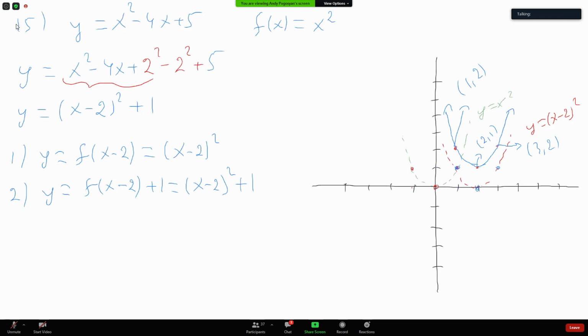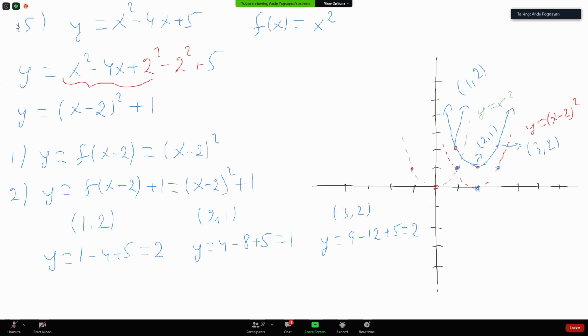Let's check. 1, 2: y equals 1 minus 4 plus 5 equals 2, correct. 2, 1: y equals 4 minus 8 plus 5 equals 1, correct. 3, 2: y equals x is 3, so 3 squared is 9, minus 3 times 4 is 12, plus 5 equals 2. Correct.